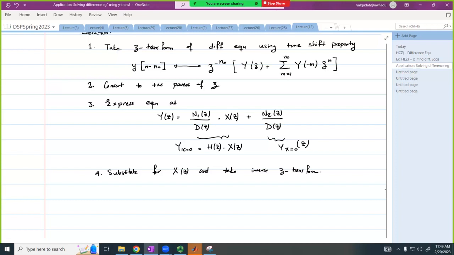Okay, who can remind me what it is we're trying to do? Solve for Y of z. We have a difference equation. We are given an input. And let's see what the expression for the output is going to be. Make sense? So keep that in mind.